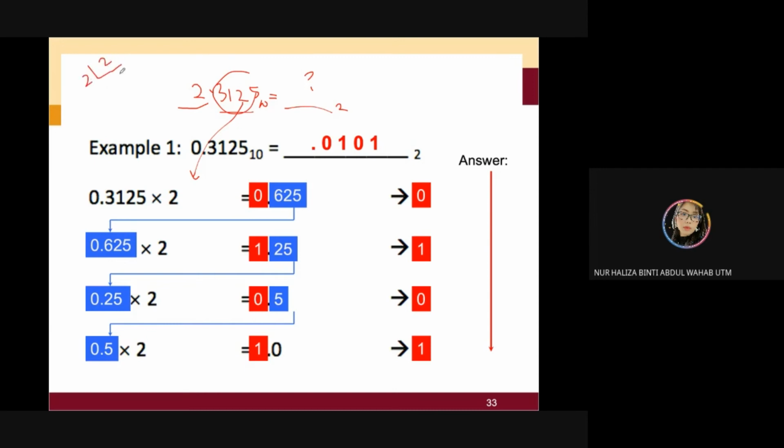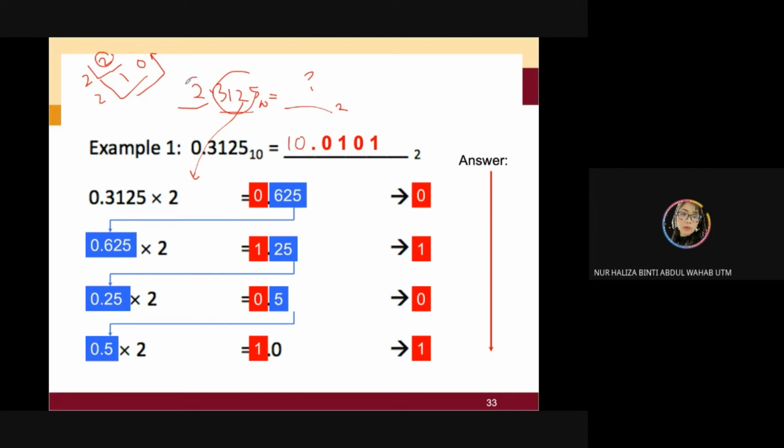You will get 1. This one, 2, no need for you to divide anymore, and there is no remainder. That's why your answer will be 10.